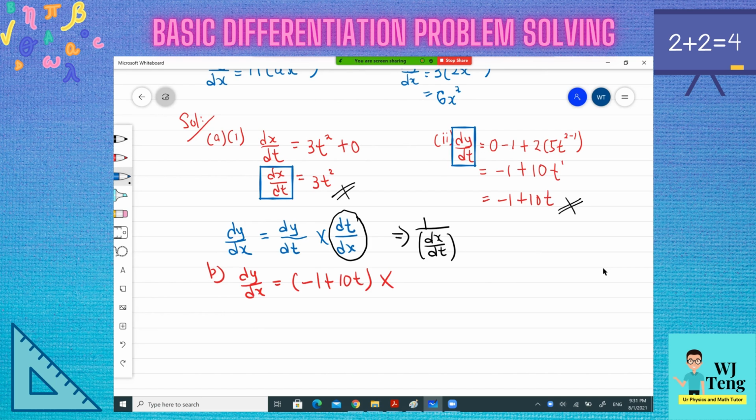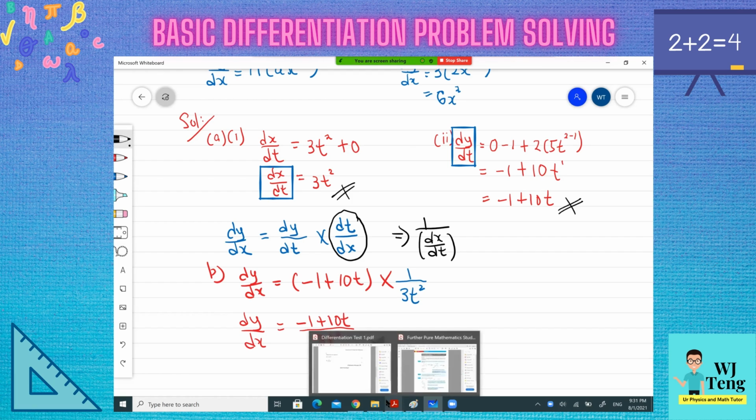And so we substitute 1 over the dx dt term, which is 3t squared. And hence, multiplying both of these together, we'll get dy dx, which is negative 1 plus 10t over 3t squared. And ta-da! Here we have our answer.